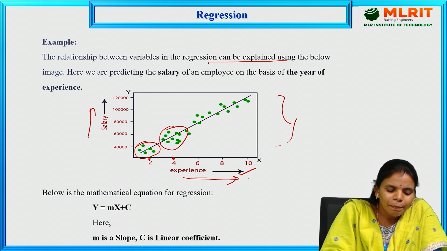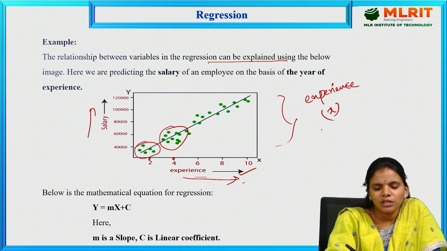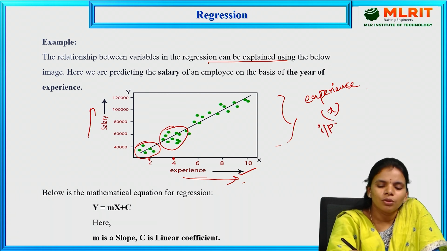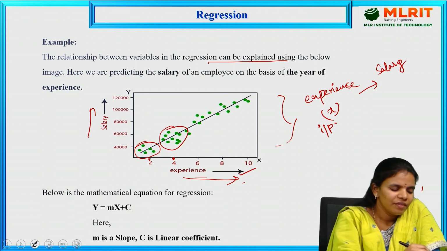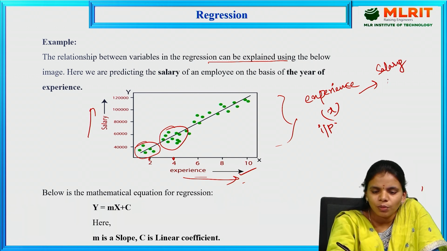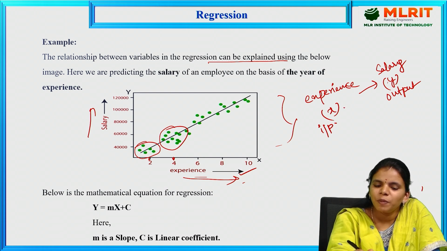So depending on the experience, this is X, which is called the input. The output, which means the salary variable in my data set, is Y, the output variable. Depending on the experience, the salary is changing, right?